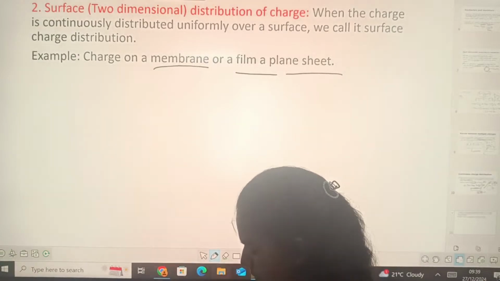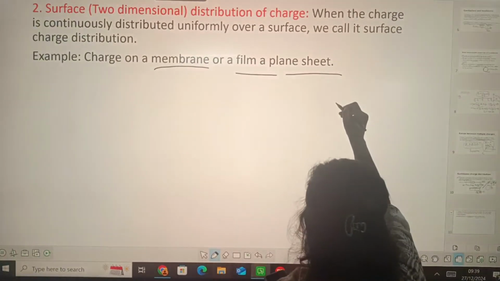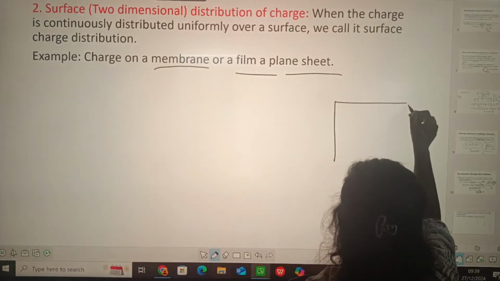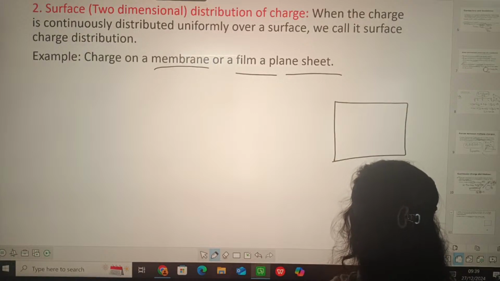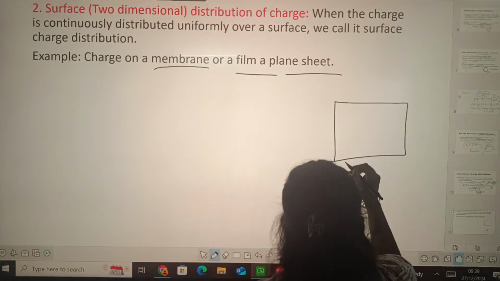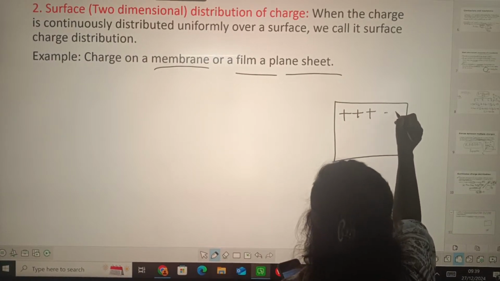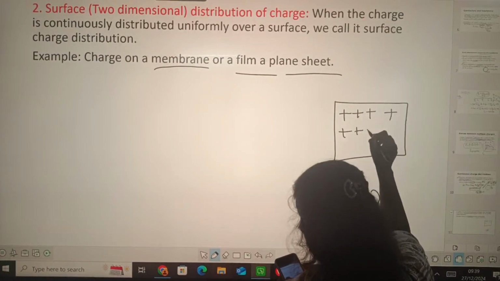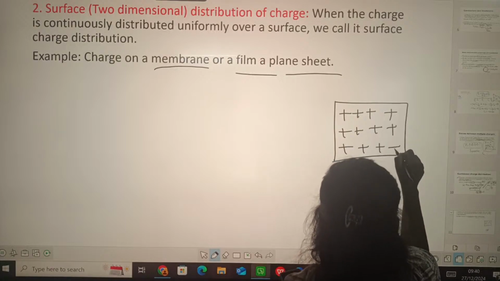In the same way, let us consider a plane sheet. This is two dimensional, 2D. In it, uniformly distributed charges are there, like this.